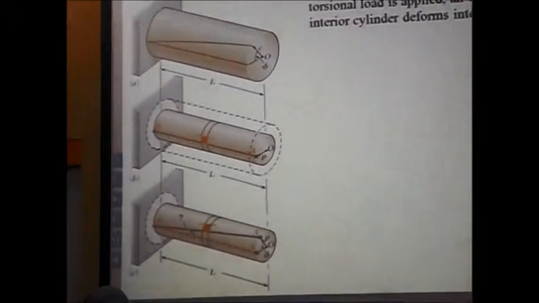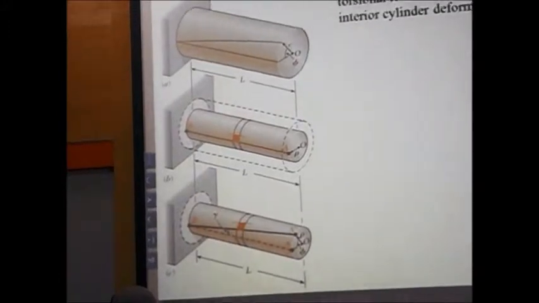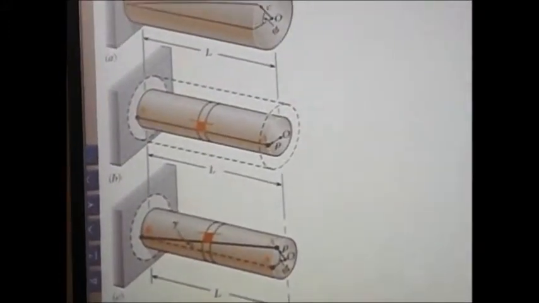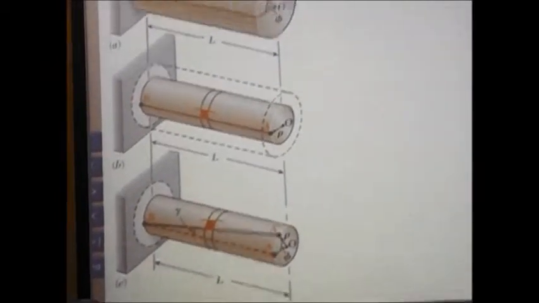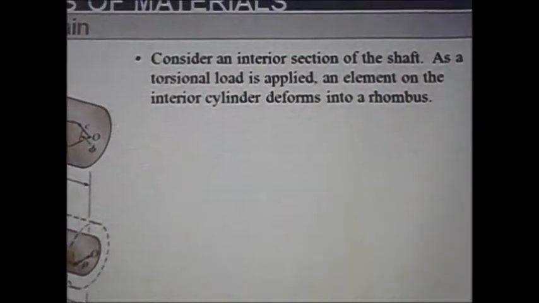From the figure, consider an interior section of the shaft as a torsion load is applied. An element on the interior cylinder deforms into a rhombus.